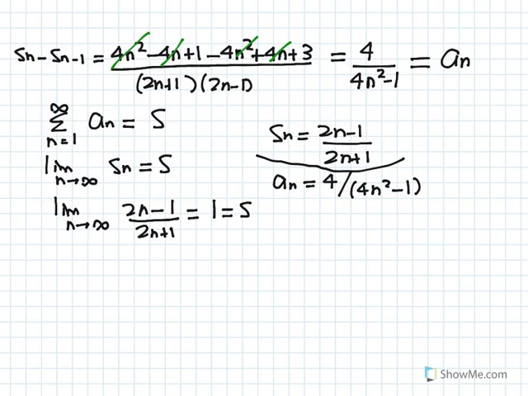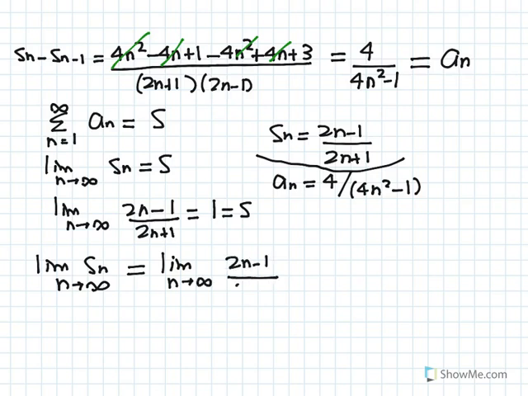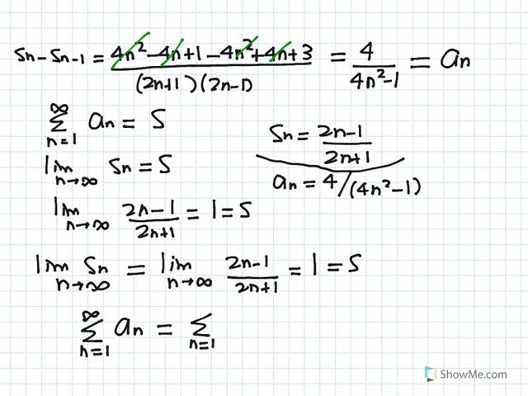This is the limit of the sum. So we can write summation an, n equals 1 to infinity, equals 1. This infinite series has the sum of 1.